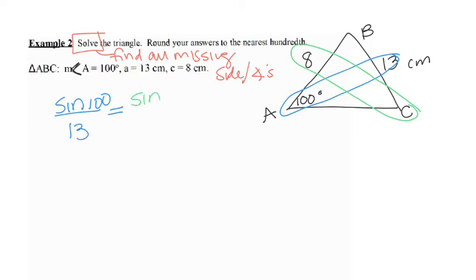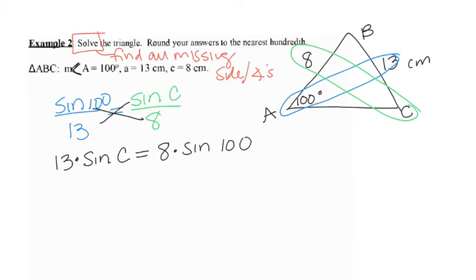So sine of angle C over 8. Notice the angles are both on the top and the sides are both on the bottom. And then I'm going to cross multiply. So I have 13 times the sine of C equals 8 times the sine of 100. And I'm going to divide by 13 so that I just have sine C equals this.